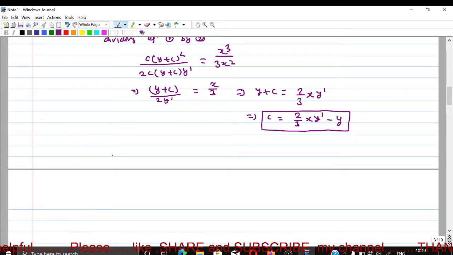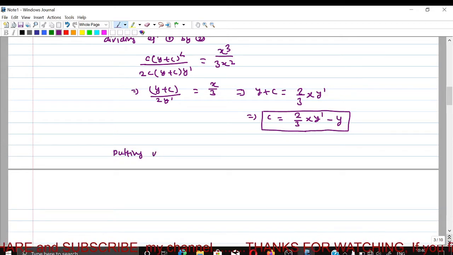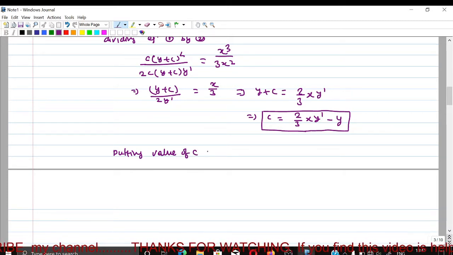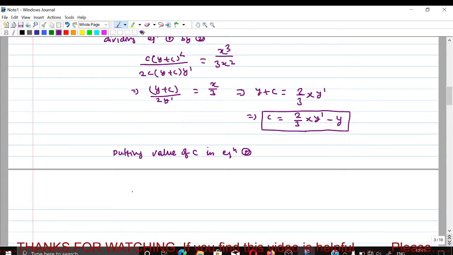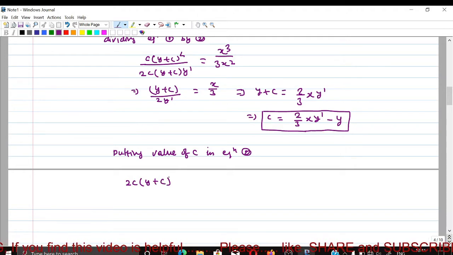I am doing it in my manner, putting the value of c in equation 2. What is our equation 2? 2c y plus c y dash equal to 3x square. This is our equation number 2.